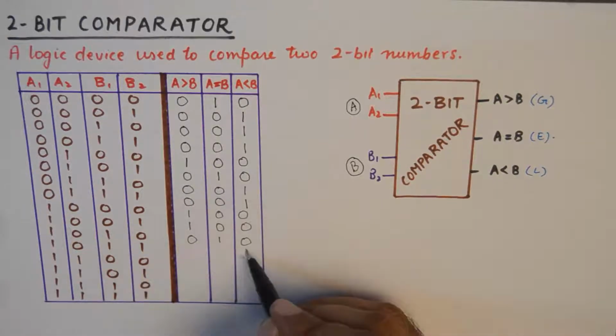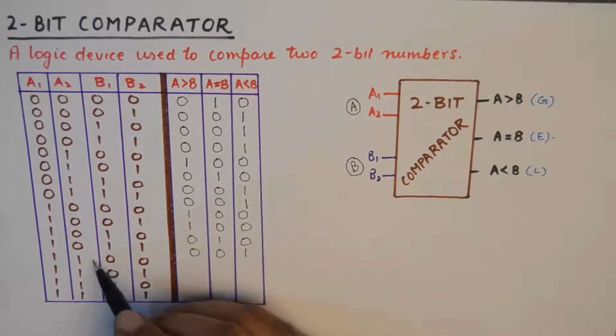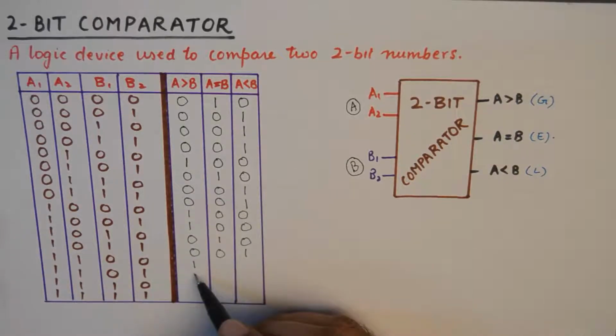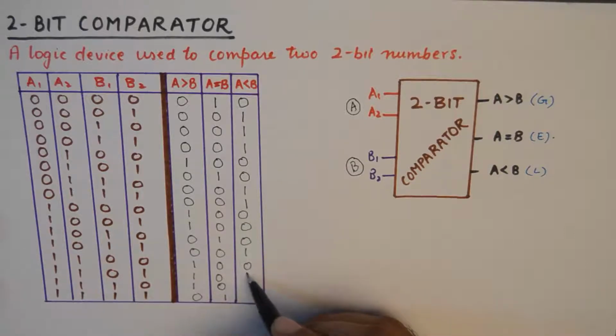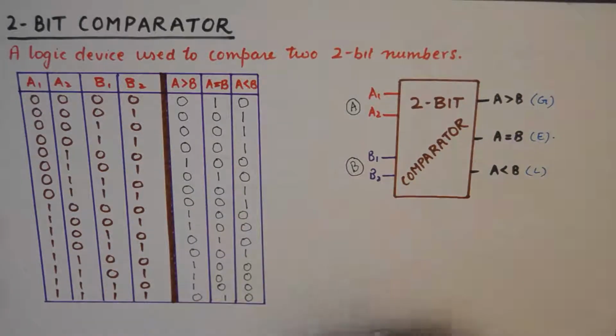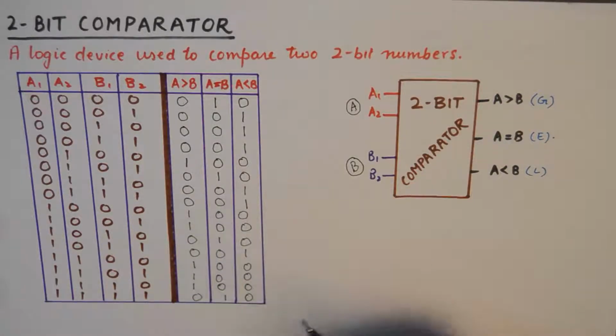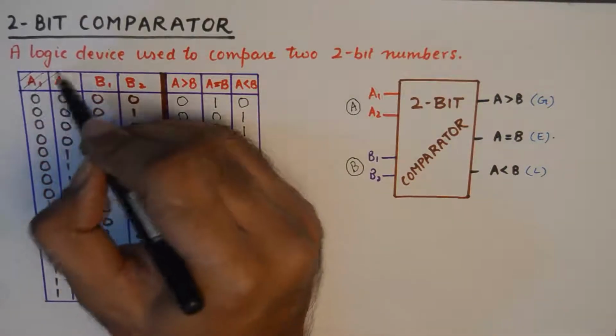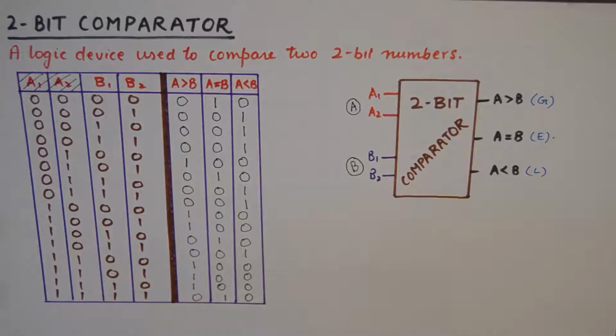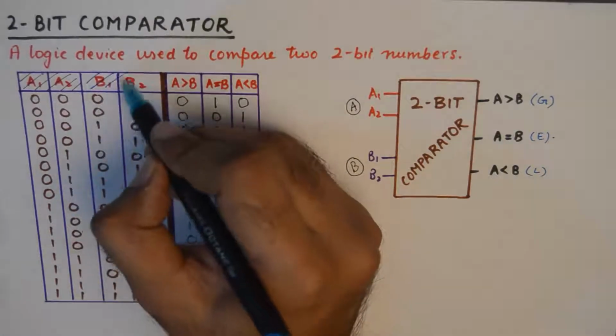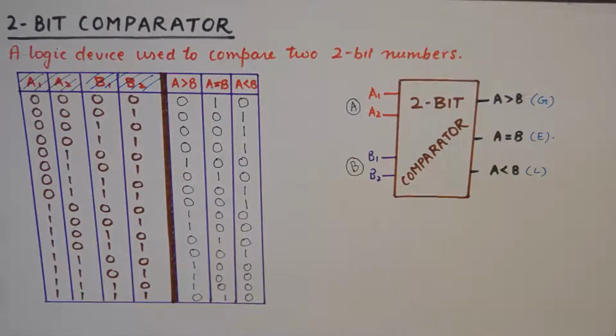And in this case B is greater than A, and in this case A is greater, A is greater, A is greater, and in this case A is equal to B. So that is how I fill this thing up. So I hope the logic behind the working of a 2-bit comparator is clear from the truth table. So these two inputs are seen separately, and these two inputs are seen separately. They are compared, and this truth table is made.